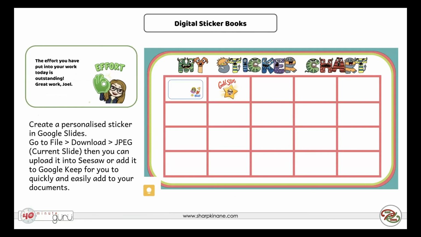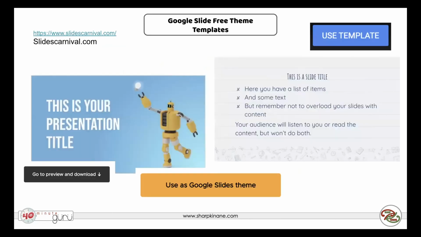And again, you can then drop it into your template, resize it, and you can write comments in that box as well, just to keep students on task with a little bit of an extrinsic reward. So that's another idea for using slides.